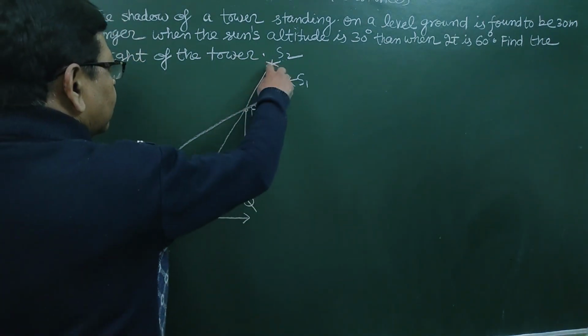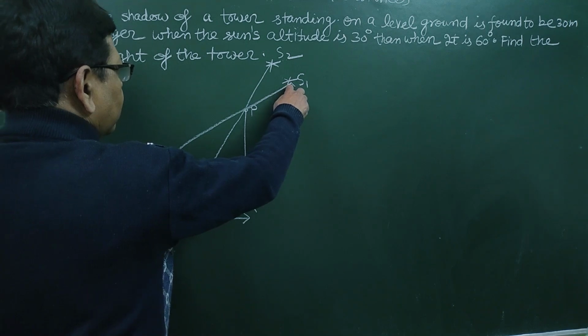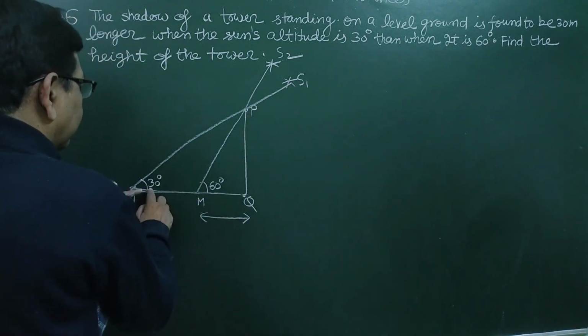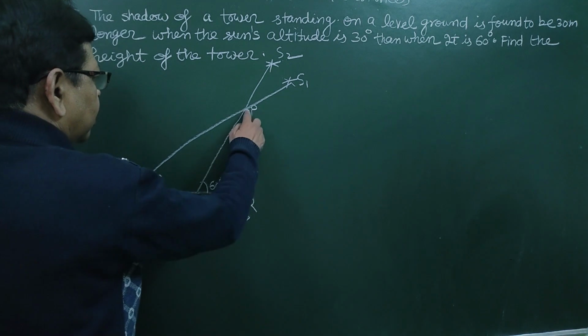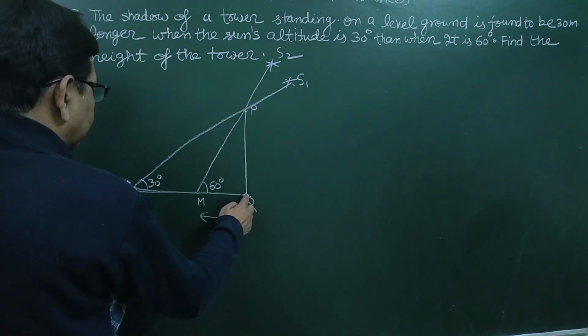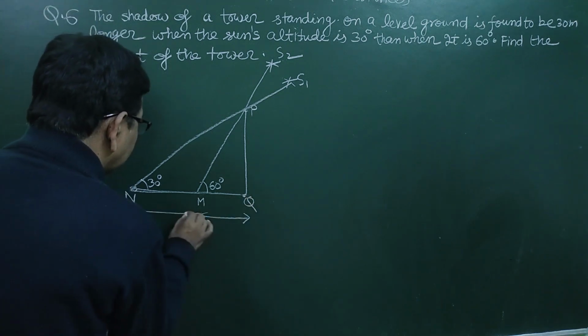When the sun is at a lower altitude, then the angle of elevation is 30 degree, and in this case shadow has length, its length has increased. Now it is 30 meter more.